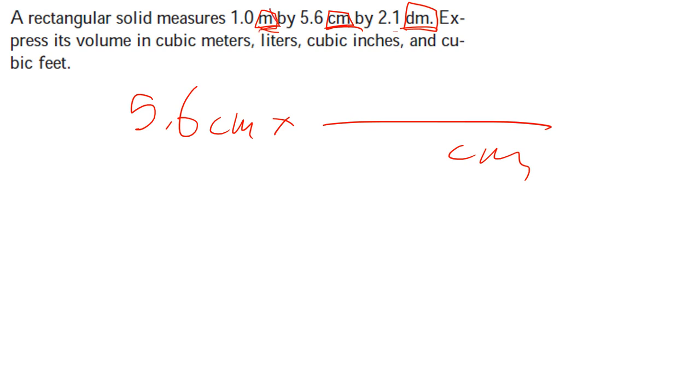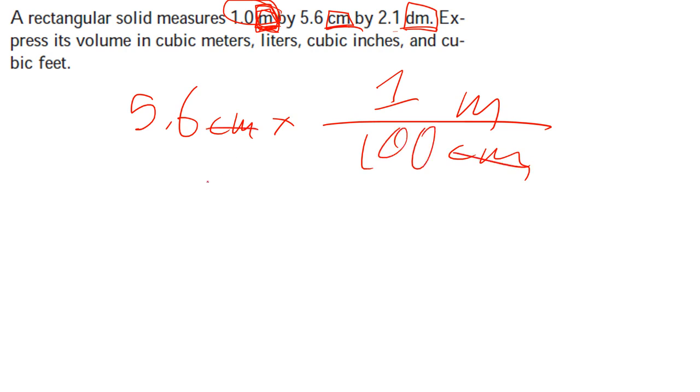I want to choose meters because that's a fundamental SI unit. You don't have to, but I'm just more familiar with it. Really doesn't matter. Just choose one. So if we have 1 meter, we don't need to change this one because it's already in meters. We want to change 5.6 centimeters. What's the bigger unit, meters or centimeters? Meters is, so we make that 1. How many centimeters are in a meter? 100.